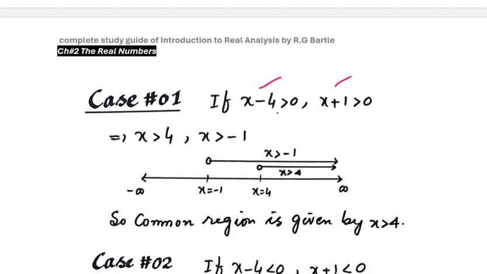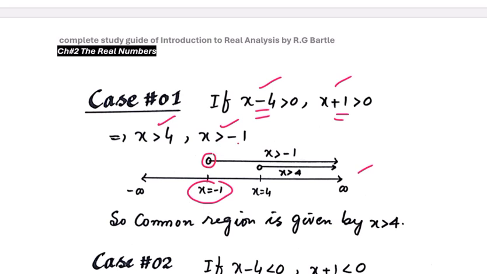So x minus 4 greater than 0 means x is greater than 4 and x plus 1 greater than 0 means x is greater than minus 1. I am representing these inequalities on a number line. This is my x is equal to minus 1, and as x is equal to minus 1 is not included, that's why I am putting a hole here.